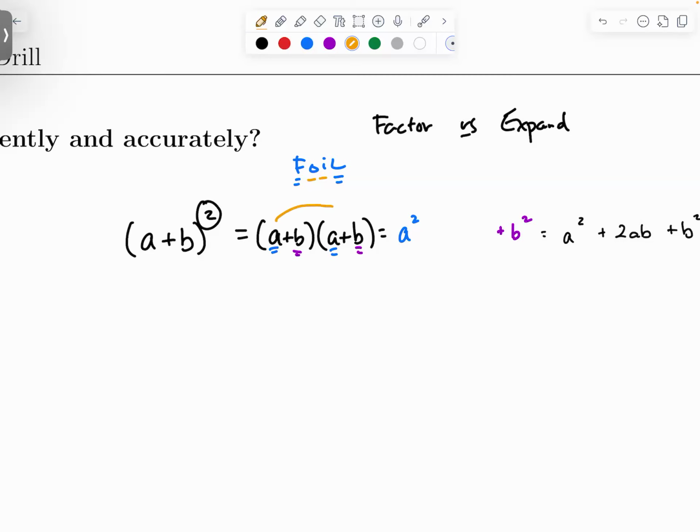The outer is like this: a times positive b. And then the inner, positive b times positive a, which is also ab. And that's how you get to 2ab. All right? So that's the proof of how (a plus b) squared is a squared plus 2ab plus b squared.